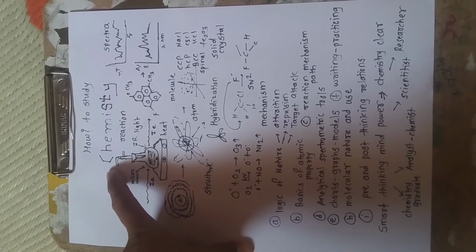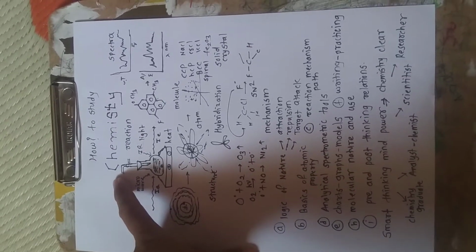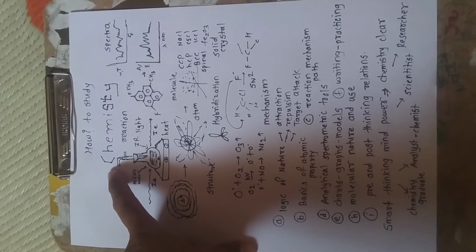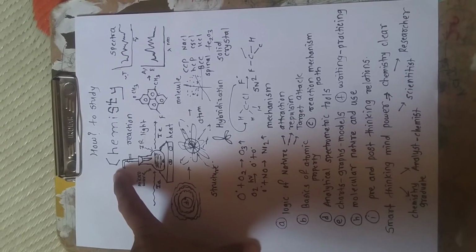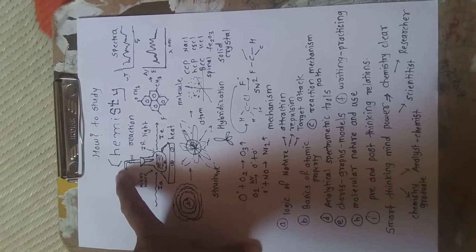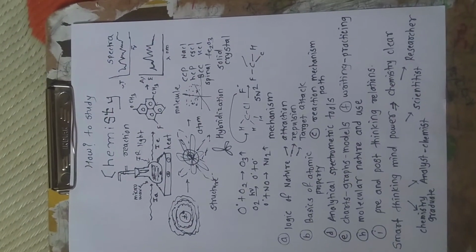So chemistry is not a hateful subject, it is a loving, interesting subject for each and every man, because whatever we use, those are chemicals, whatever we apply and what we study, what we see, those are chemicals, and our body is also made up of chemicals.